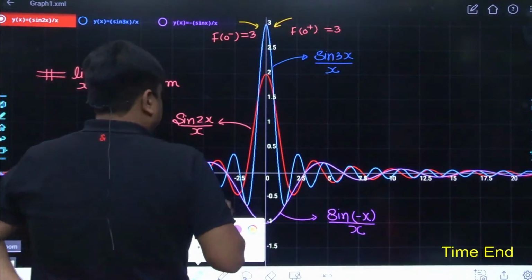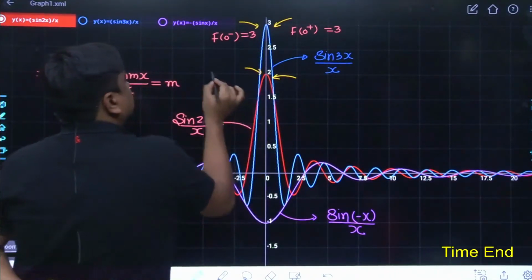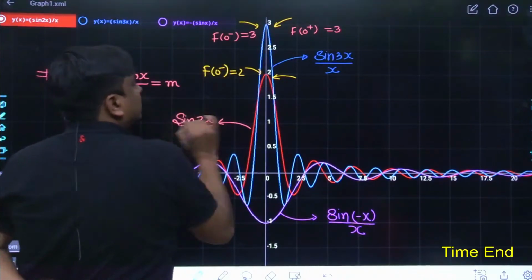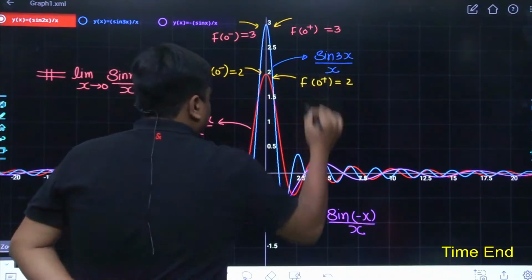Same goes over here as well. Yes, f of 0 minus is 2.